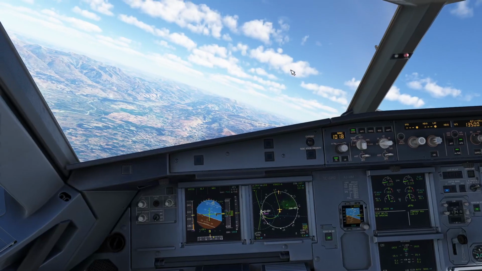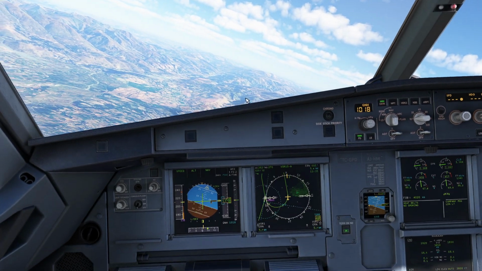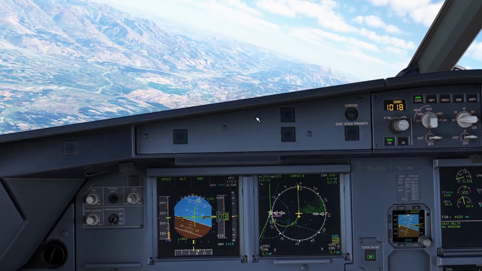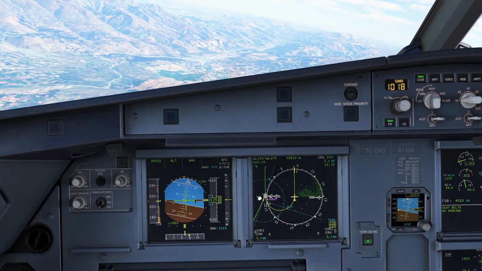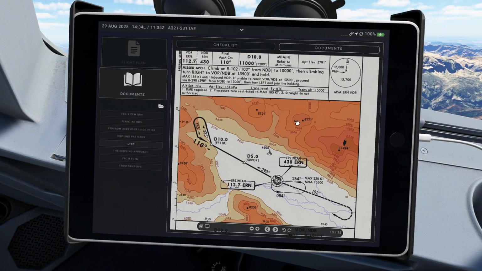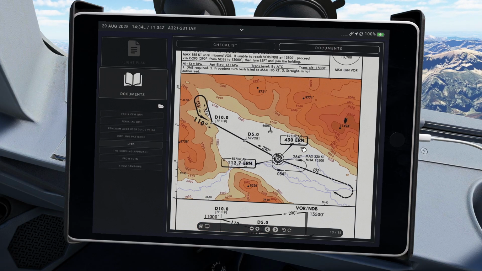Thank you very much for this briefing, and a few seconds later we are leaving the overhead of the airport and over the VOR of Echo Romeo November, based on this instrument approach chart, VOR Alpha toward Erzincan Aerodrome.